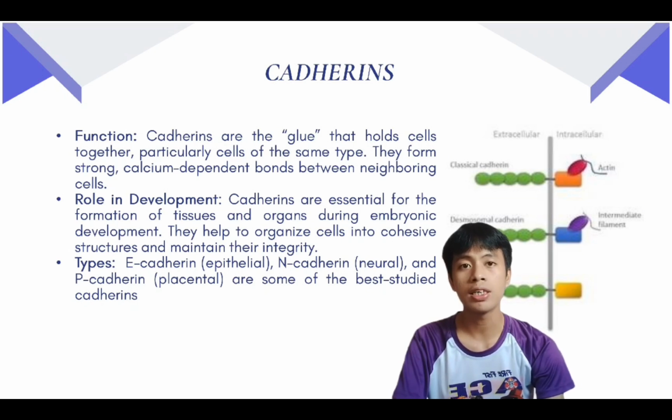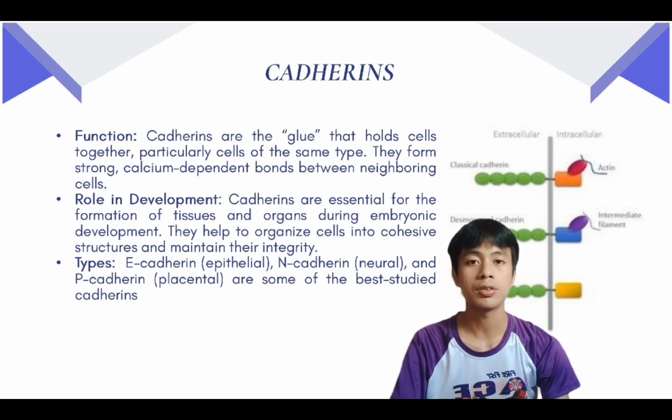They help to organize cells into cohesive structures and maintain their integrity. So, types of cadherin: E-cadherin or epithelial, N-cadherin or neural, and P-cadherin or placental are some of the best studied cadherins.